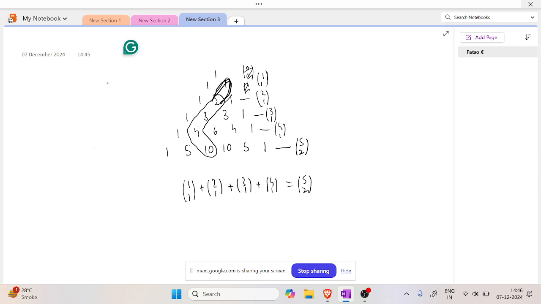And you can also see that here or here. When you draw it out on Pascal's triangle, it kind of looks like a hockey stick. That's why it's called the hockey stick identity.